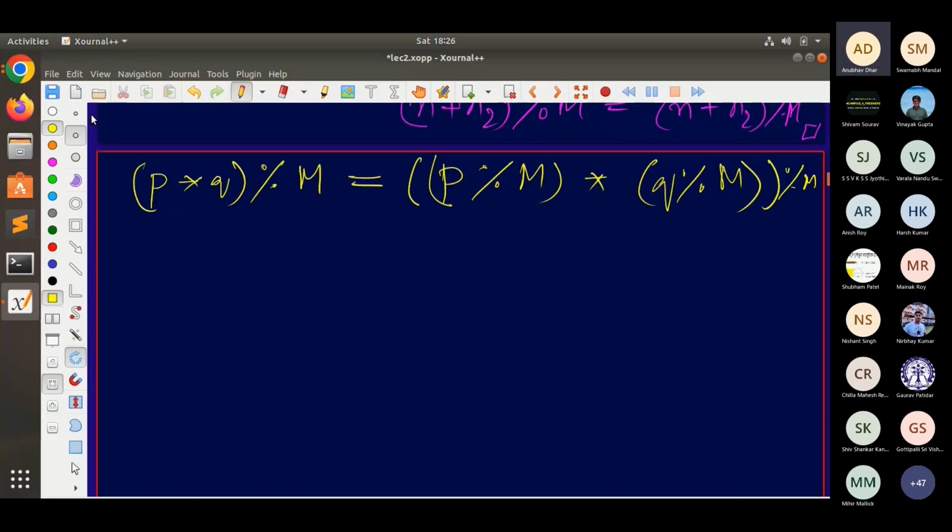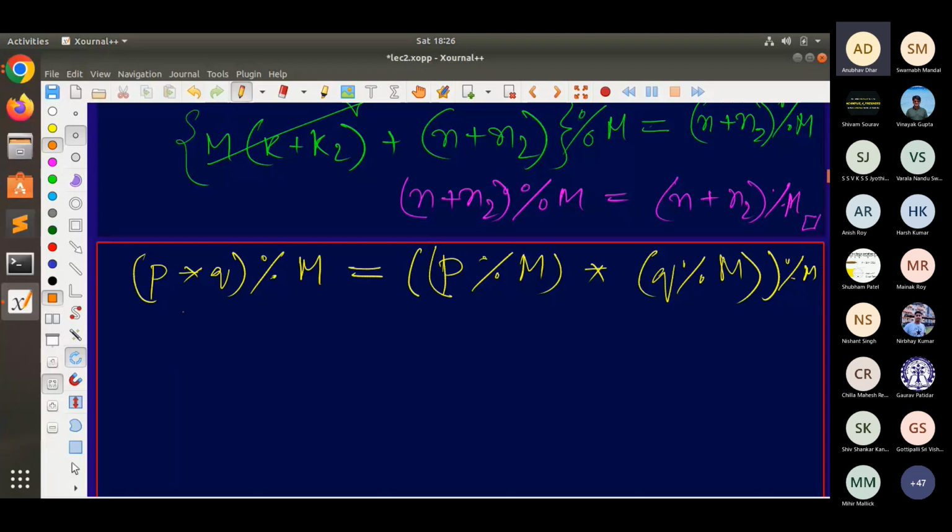This is also pretty clear, right? Can anyone say why this is true? Same logic as the previous one. So this will be mk plus n, mk2 plus n2. Only the n into n2 part would remain and others would be divisible by m. And here also you have the n into n2 part. So both sides would become n into n2 percentage m.